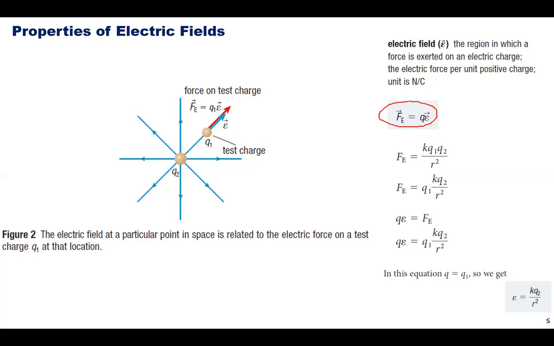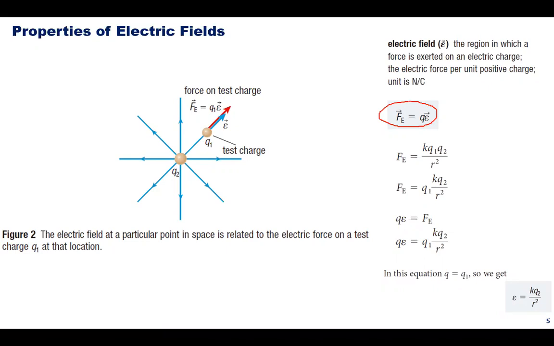The units for electric field can be determined from the equation relating electric force to electric field. Force is measured in newtons, right? And charge is measured in coulombs, which is denoted by C. So the electric field is expressed in newtons per coulomb.